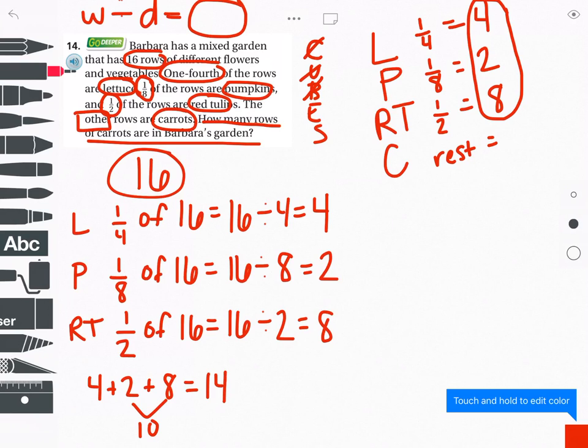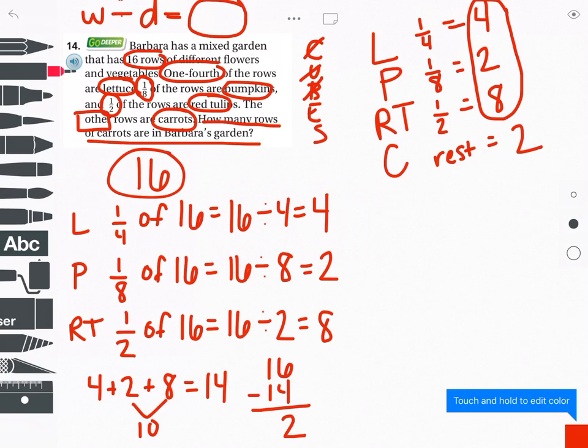So I know there are 14 rows of lettuce, pumpkin, and red tulips. Now I need to figure out how many rows of carrots there are. Think for a second. What do you think the next step is going to be? Hopefully you said I'm going to take the 16 rows total and I'm going to subtract the 14 rows of lettuce, pumpkins, and tulips to figure out there are 2 rows of carrots.